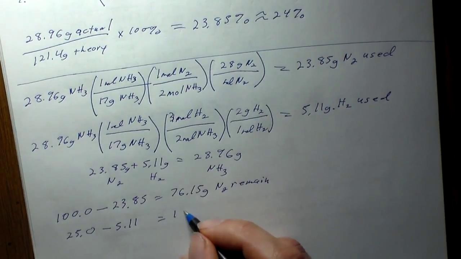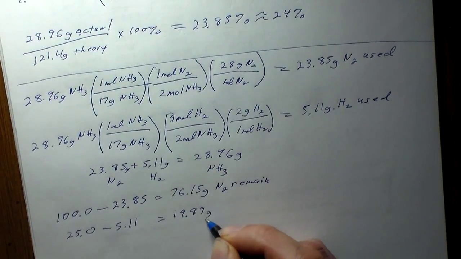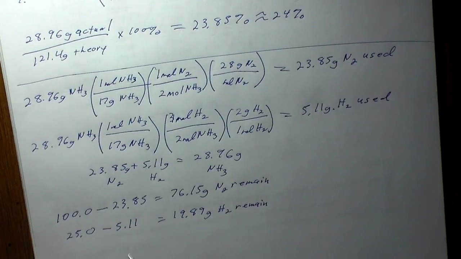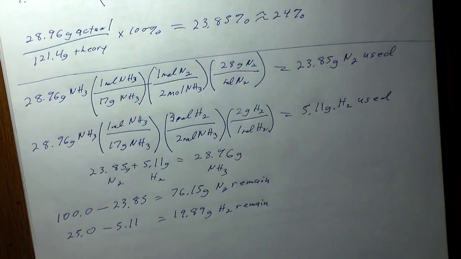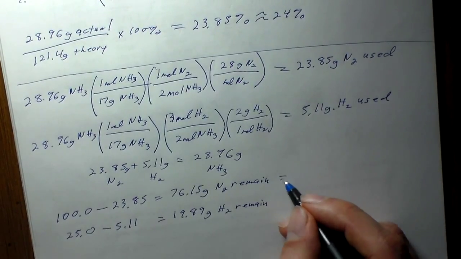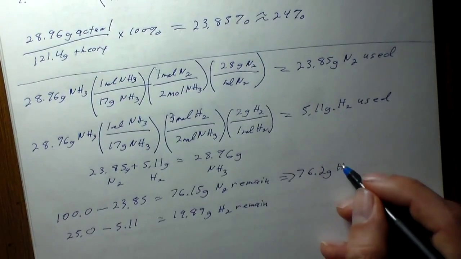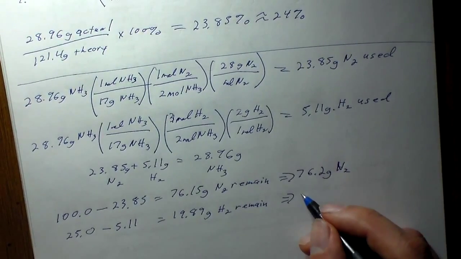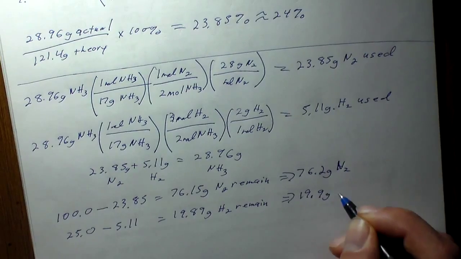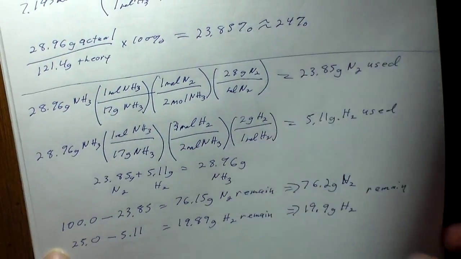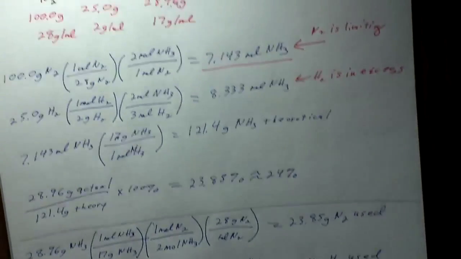So that's going to be 19.89 grams of H2 remain. And really, we should do this to correct sig figs. So you would write that as 76.2 grams N2, and 19.9 grams of H2. And these are the ones that remain. That's the basic thing behind all of this.